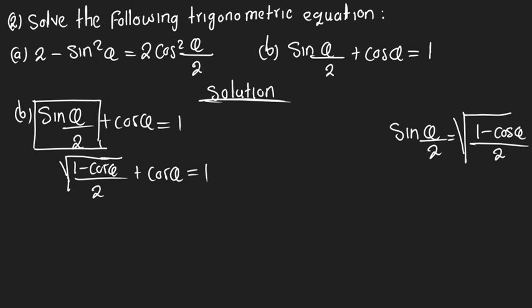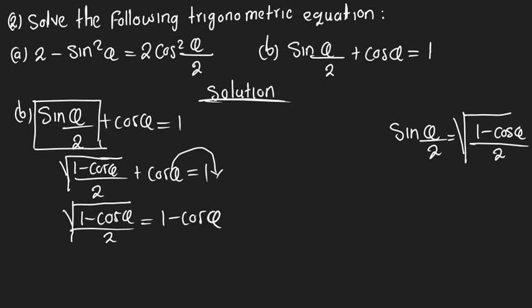Now, because I'm a mathematician, I want to make everything simple. You take the cosine on the other side so that it becomes 1 minus cosine theta. It becomes very simple to cancel the square root by simply squaring both sides. So this and that will go. Then you're going to have 1 minus cosine theta over 2.